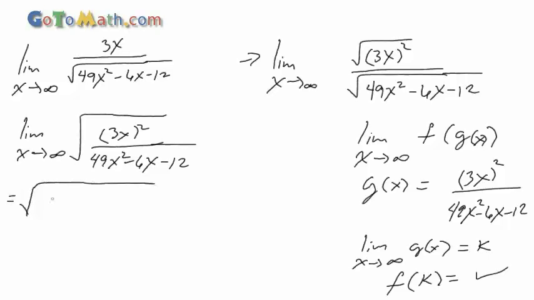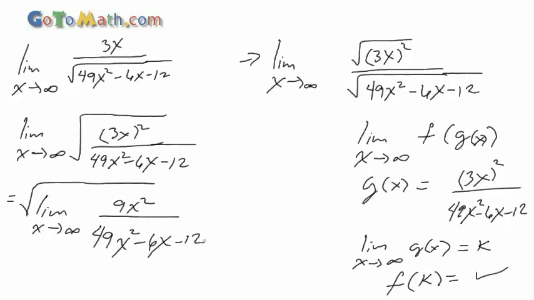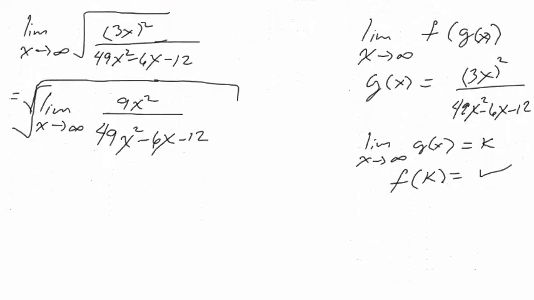The limit as x approaches infinity of, now I'm going to go ahead and write 9x squared, and I'm going to square that, over 49x squared minus 6x minus 12. Now remember, this is all over the radical here. I could have done a little better job writing that. So this is what we want to evaluate now as x goes to infinity.